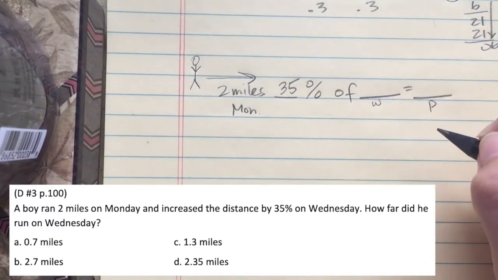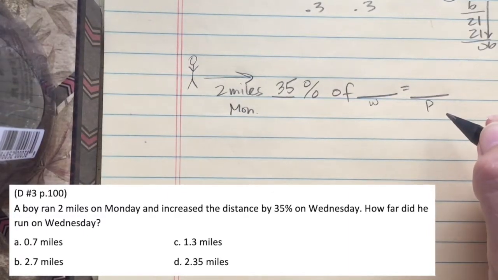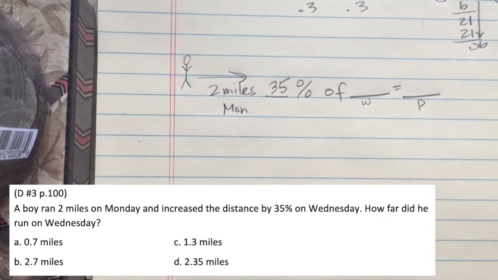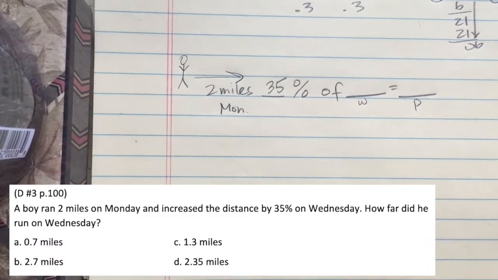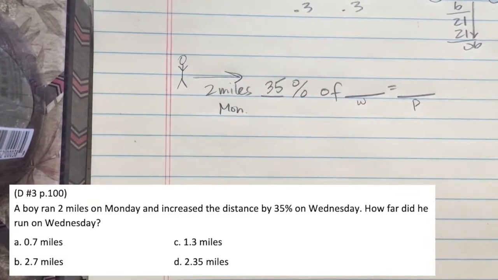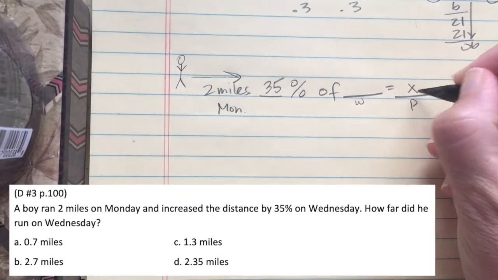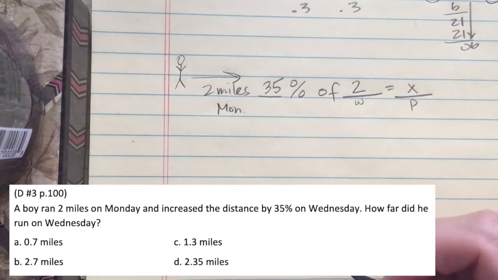Am I trying to figure out the whole or the part? I know I'm trying to figure out how far he ran in total on Wednesday, but before I can figure that out, I need to know how much that 35% was in distance. So in this case, I am looking for the part, and my whole would be the 2 miles.